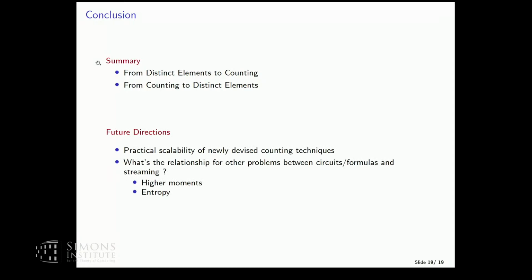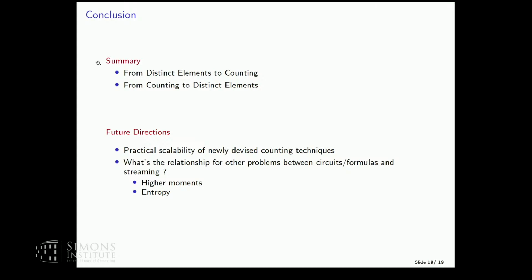There are lots of interesting things to do here. We certainly have a lot of algorithms, but we don't know their performance in practice in the field of counting. But what I'm much more excited about is, between this formulation of circuits and streaming, are there other problems that share similar connections? For example, entropy is a very well-studied problem in the context of streaming.